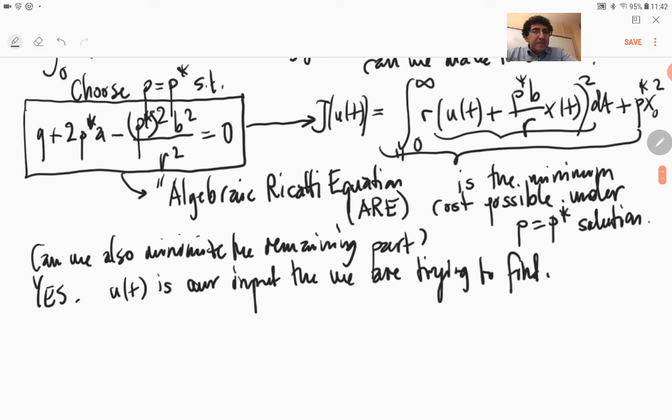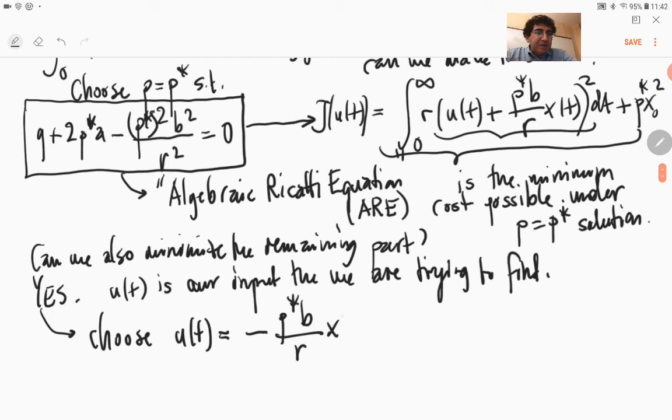So the answer is yes, and we can achieve that by choosing the input to be equal to minus P star B over R x of t.